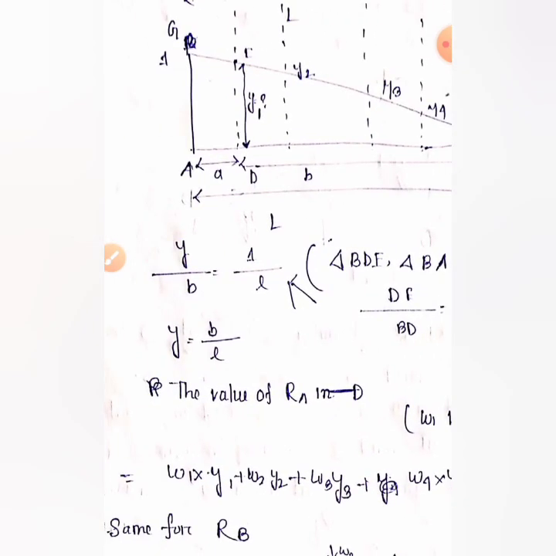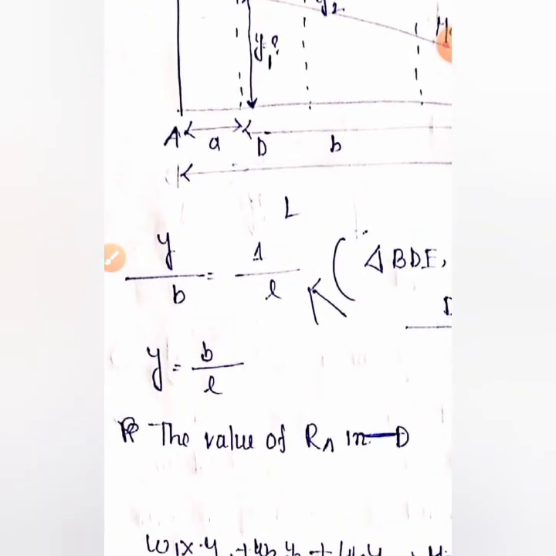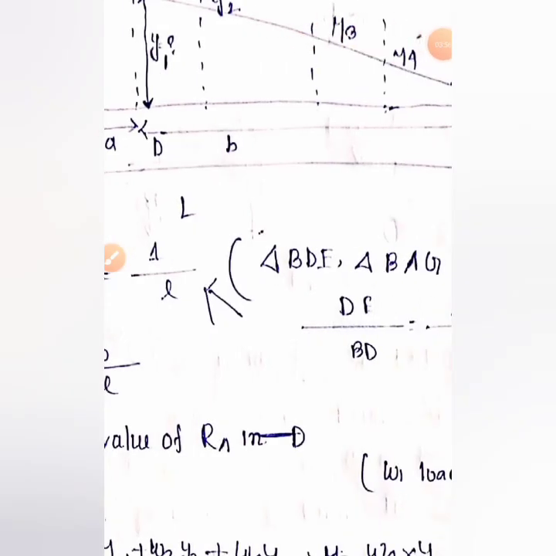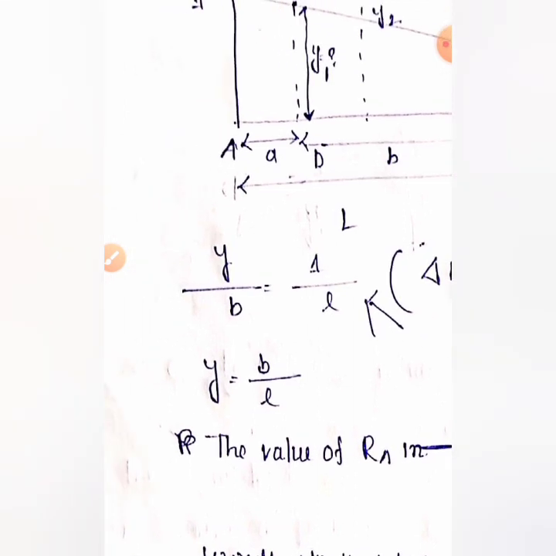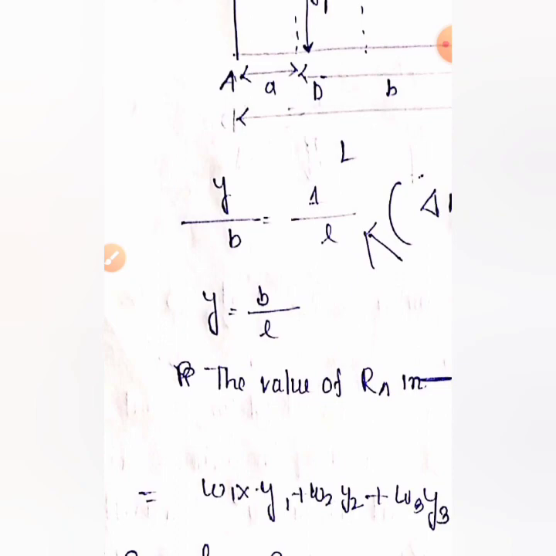So see, here is the portion. From the triangle BDE and triangle BAG, we can write y by b equal to 1 by L. Now what is the value of 1? 1 is the value of AG. A equal to 1. We have learned this in the previous video when we made the ILD of RA. And the whole distance is L.